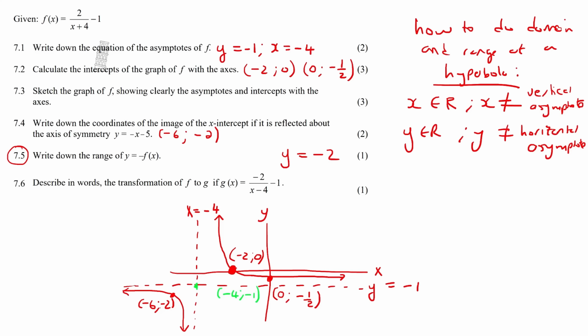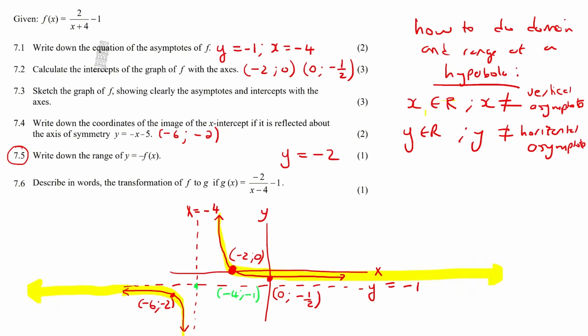Let me explain. If you look at the x values of this graph, we can see that x can be absolutely anything. You see how it goes all the way to the left, and if we went all the way to the right, the only place that we don't see the yellow is on this dotted line, because the graph cannot exist at that point. That's why I'm saying x can be anything, but it just cannot be the vertical asymptote.